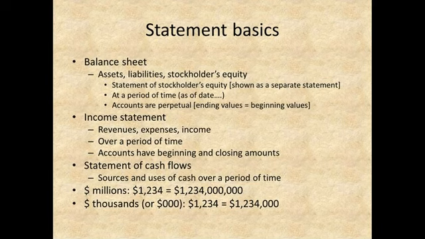And similarly, if we see the value 1, 2, 3, 4, and it's dollar thousands, that value is actually $1,234,000. So it's a means of eliminating many of these zeros and condensing some of the information that would be shown in any of the statements.